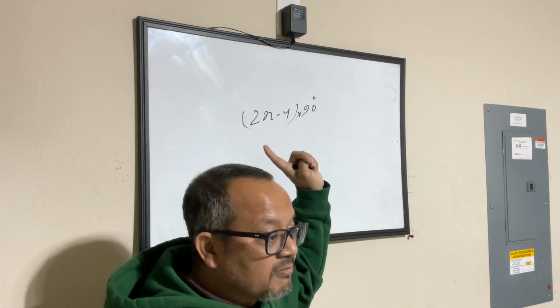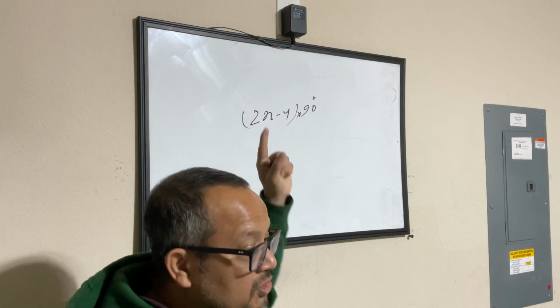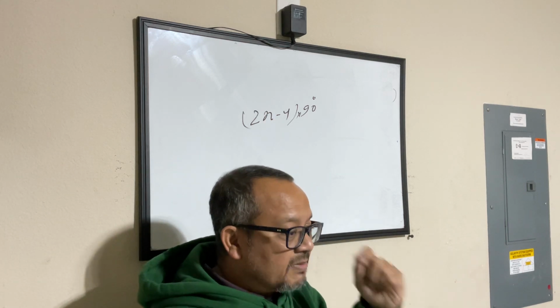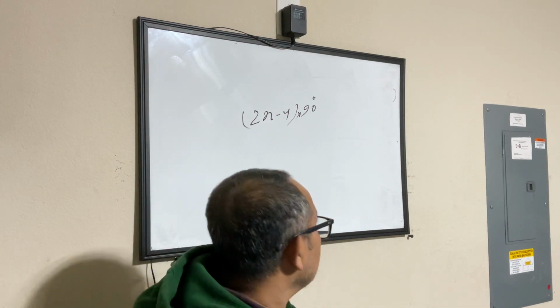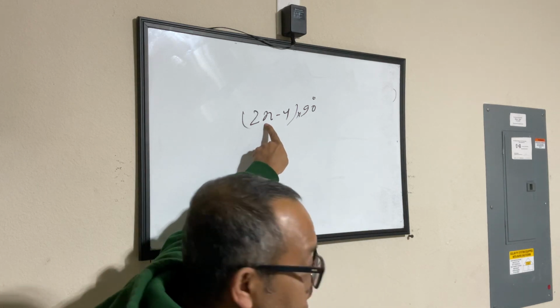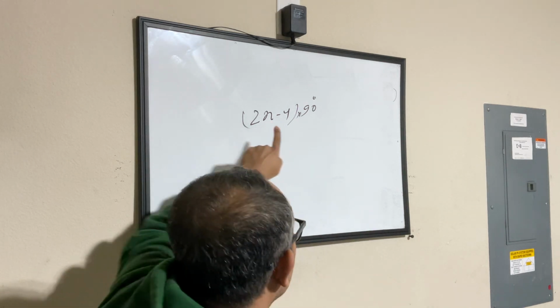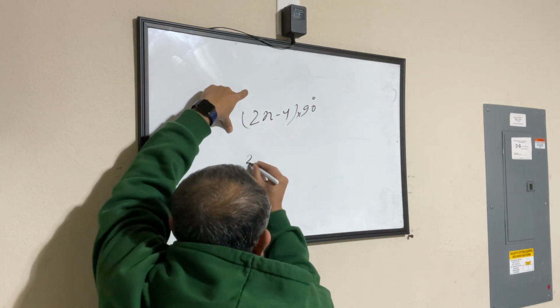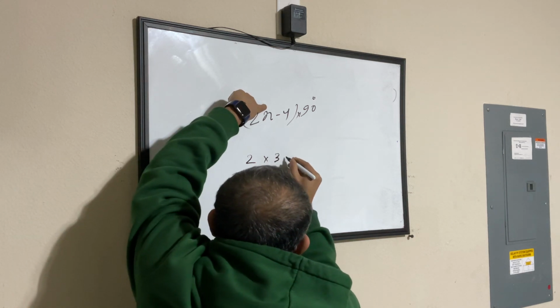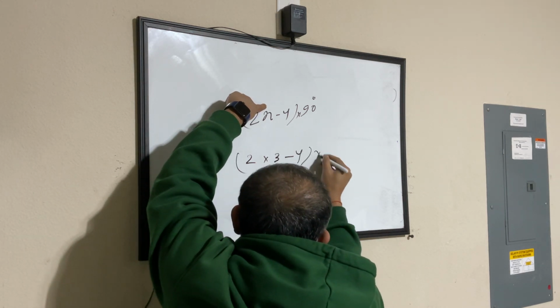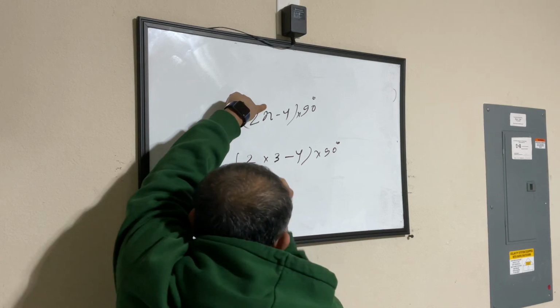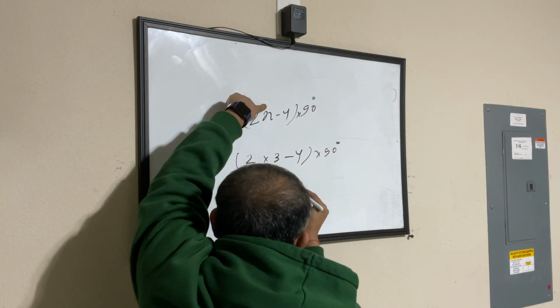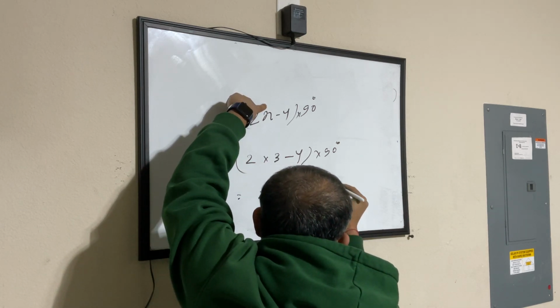This is a magical formula because if you want to know the sum of all the angles of any polygon, you will put n as the number of sides and you will get it. If you are talking about a triangle, 2 into number of sides, 3, minus 4, into 90 degrees. 6 minus 4, 2 into 90 degrees, 180 degrees.